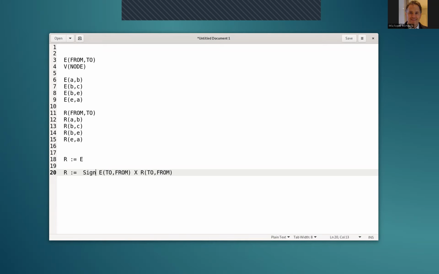It's a lowercase sigma. Now this is the join condition right here, and this right here is our Cartesian product. And now I want to say the following: the condition under the sigma here is going to be E dot.